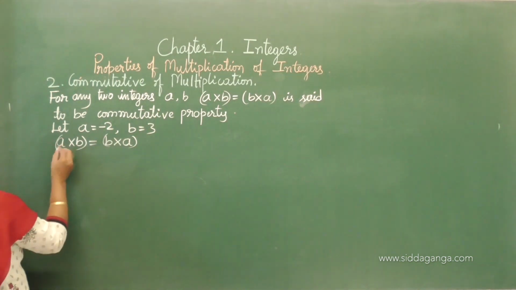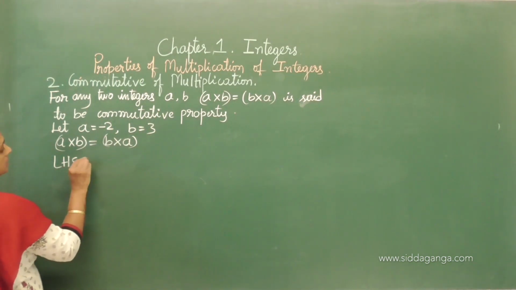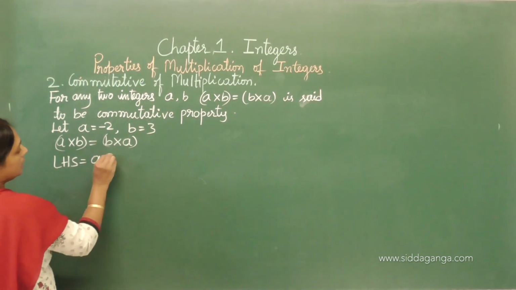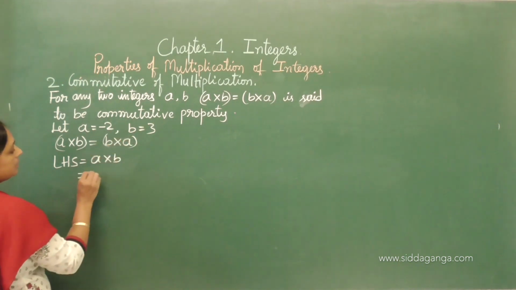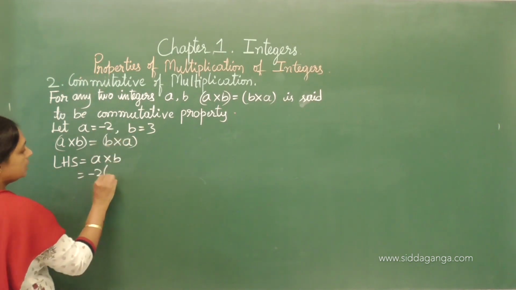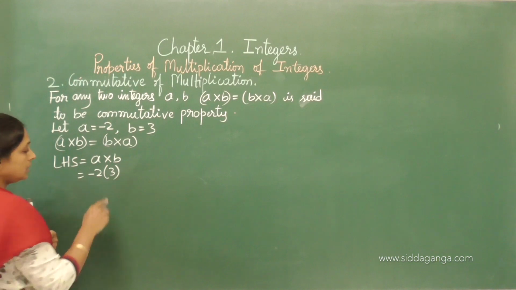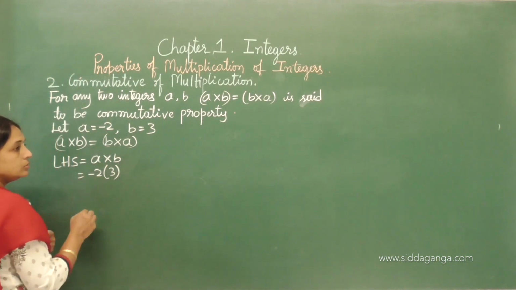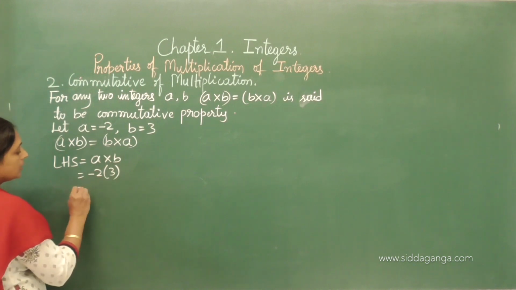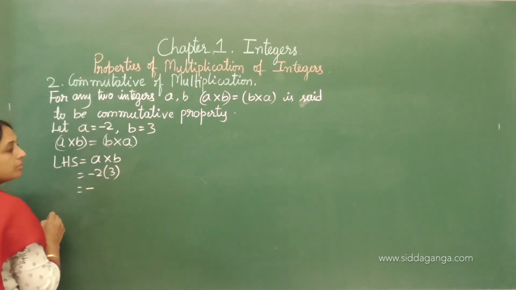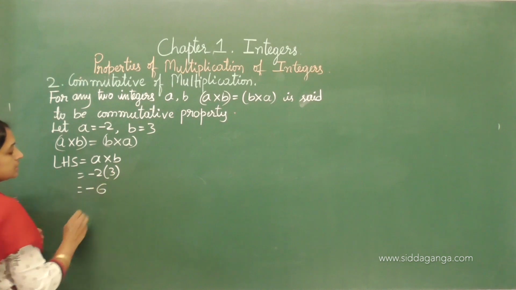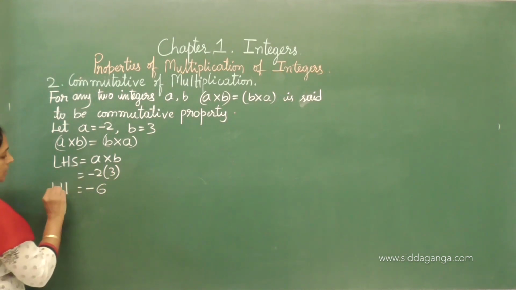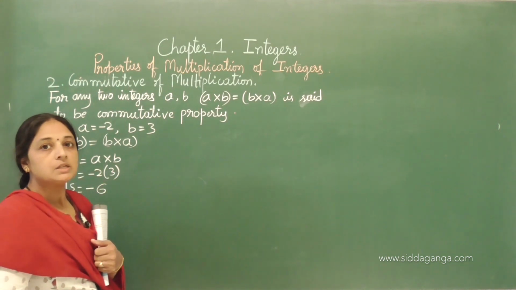Okay, then here LHS is equal to a into b. What is a here? It's -2 into 3. We can write like this. This is the correct way to multiply the numbers. So minus into plus is minus, 2 3s are 6. What did we get in LHS? We got -6.